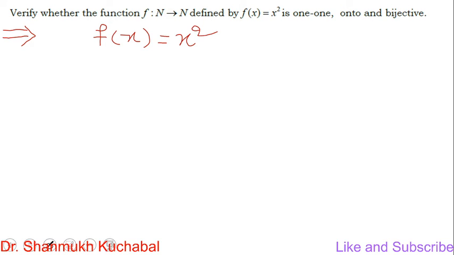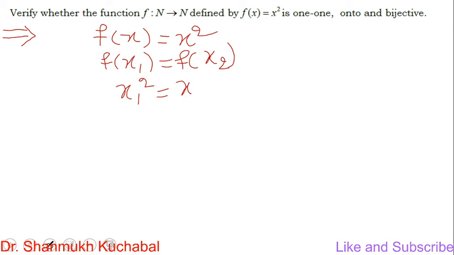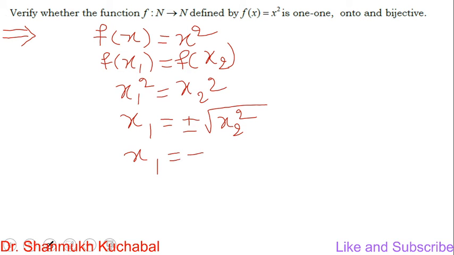Further, we take f(x1) = f(x2). So we get x1 square = x2 square. So x1 is plus or minus the square root of x2 square, so x1 = plus or minus x2.